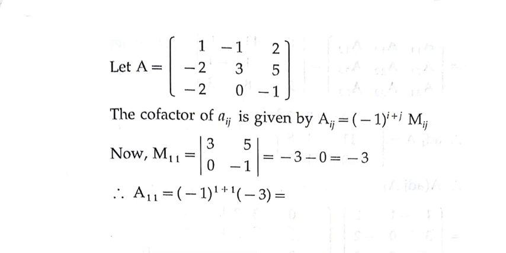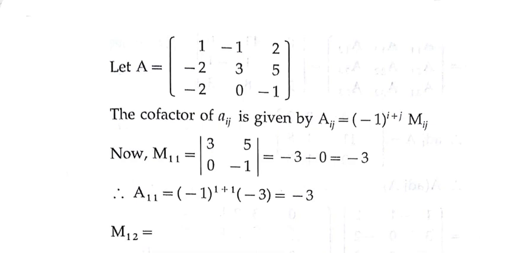Addition of 1 plus 1 is 2, and minus 1 raised to 2, where 2 is an even number, gives a positive sign. Positive value into minus 3 results in minus 3. So the cofactor at place A11 is minus 3.